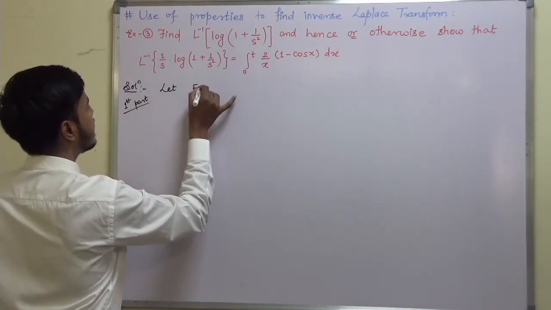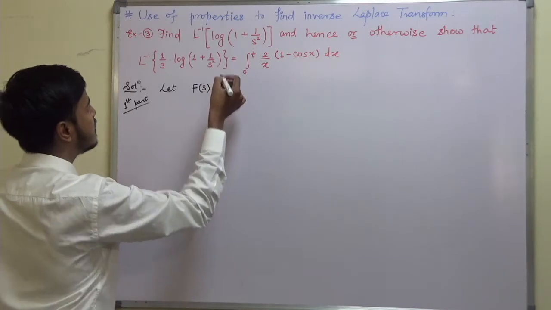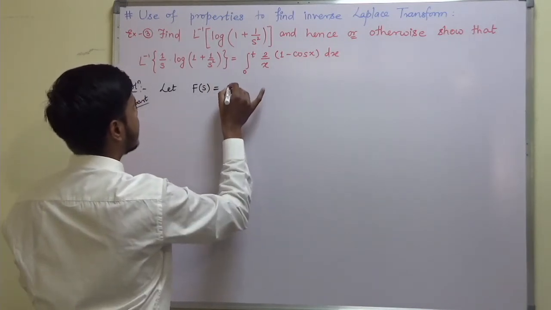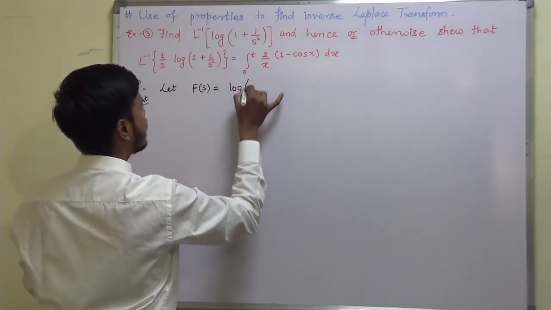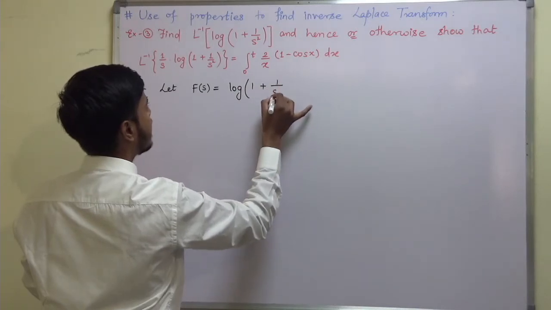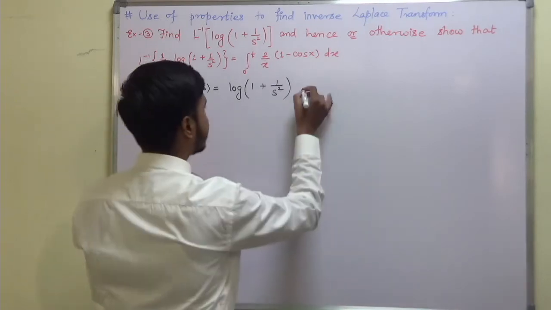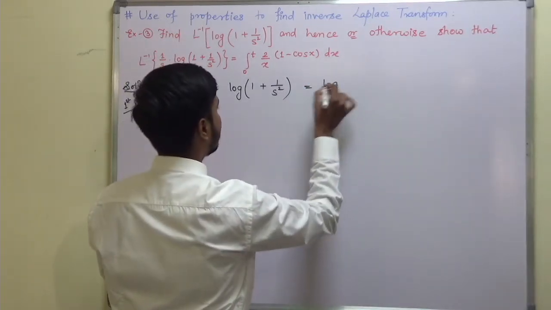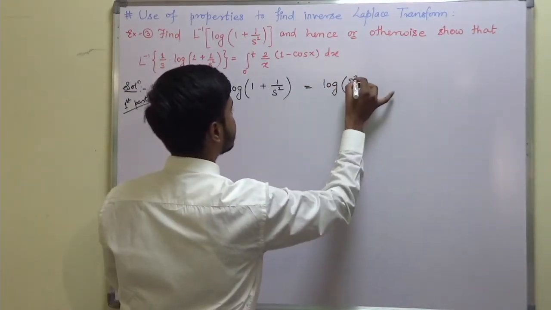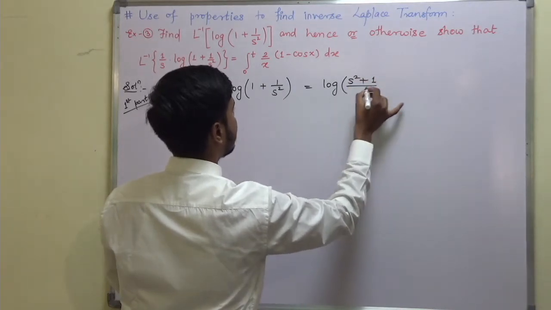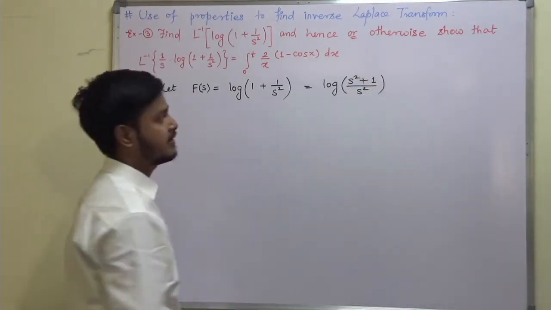Let F of s be equal to log of 1 plus 1 by s square. Simple. Now I can solve this and write log of, taking LCM, (s square plus 1) by s square.